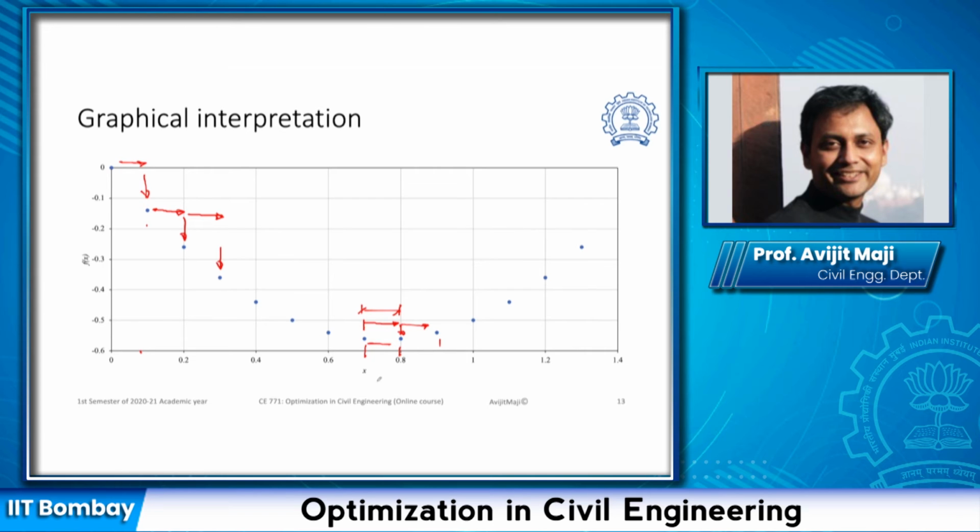But if our initial guess is too far, then it would take many iterations to reach closer to the optimum point. This can be avoided if we actually use the accelerated step size method.